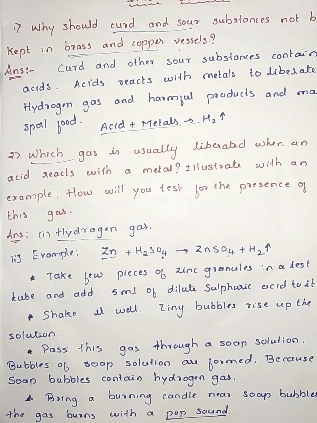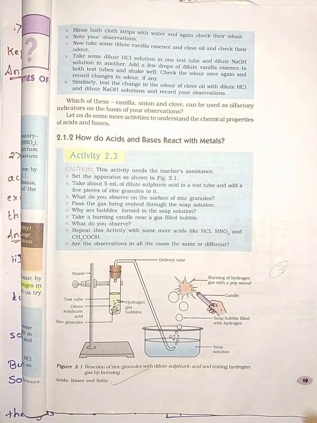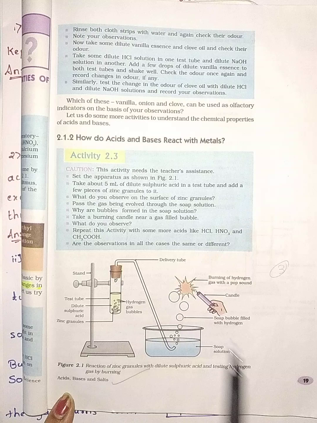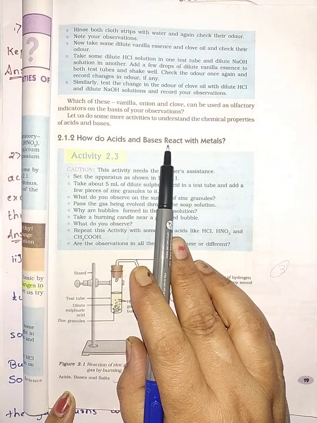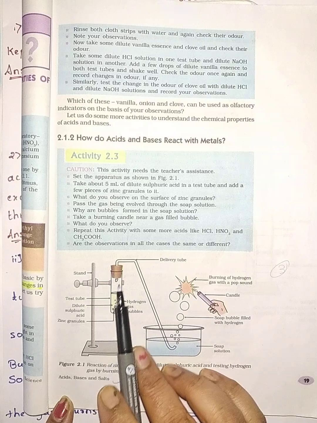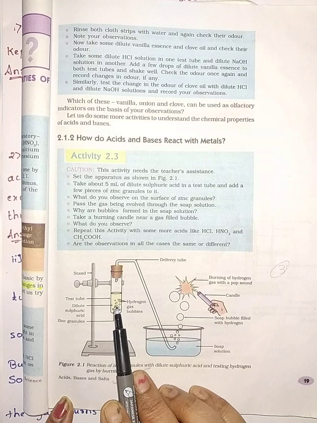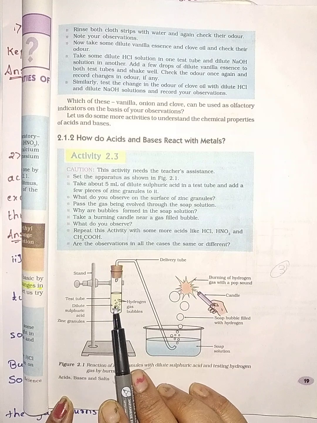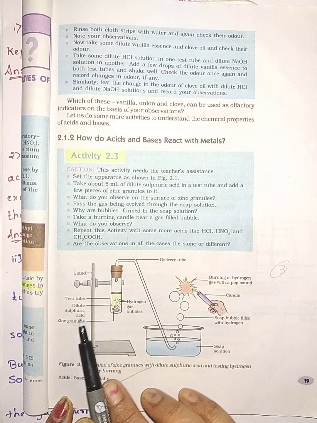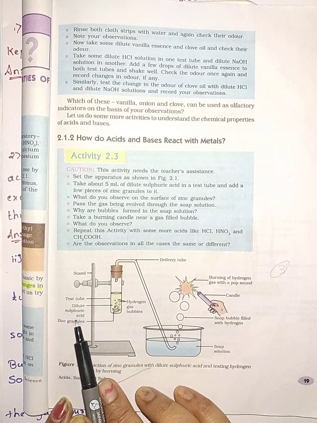So how to perform this experiment, and how will you show that hydrogen is released in this chemical reaction? For that, in your textbook one experiment is given on page number 19: how do acids react with metals? You take a test tube, put some zinc granules in it, and add dilute sulfuric acid. Dilute means sulfuric acid mixed in water, aqueous sulfuric acid.